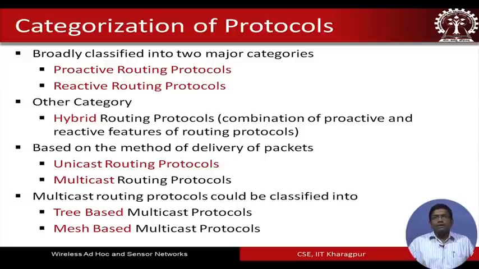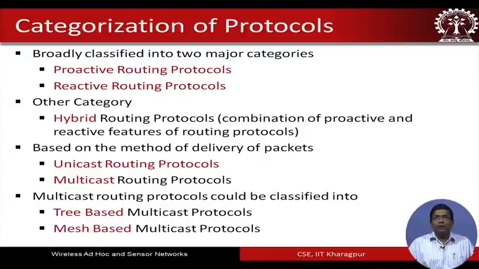So this is one category of classification: proactive, reactive and hybrid. But there is another classification as well, based on the delivery of packets. Based on the way the packets are delivered, the routing protocols can also be classified as unicast routing protocols or multicast routing protocols.